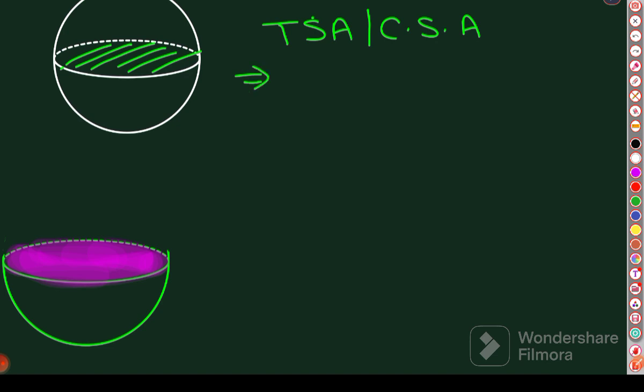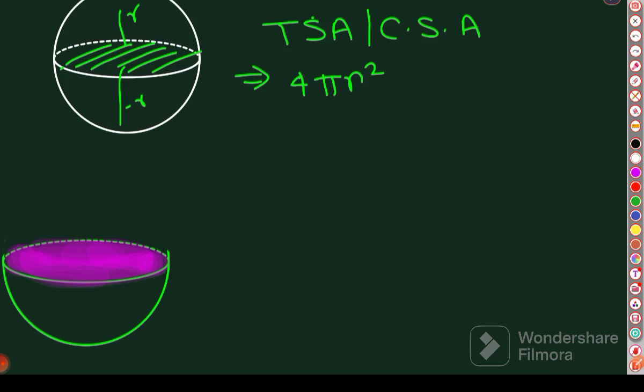Formula is 4 pi r square. This proof you can do by taking the help of integration. Okay, a small area you have to take, and you have to take the range from minus r to plus r. So this is a concept of higher classes.